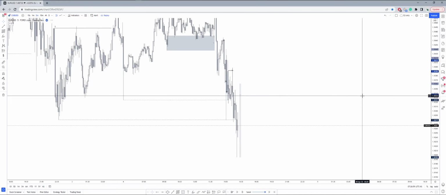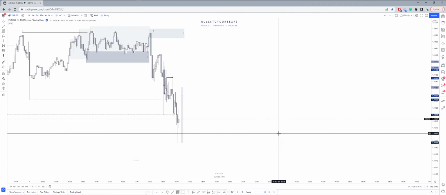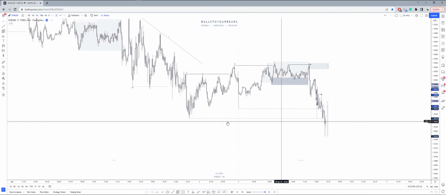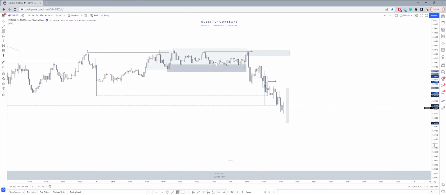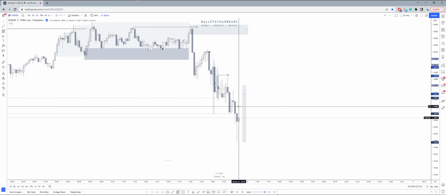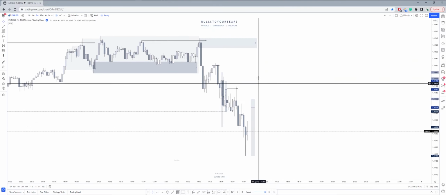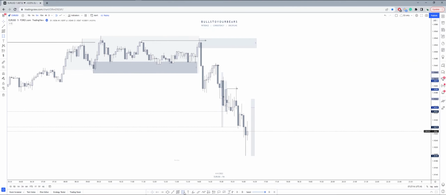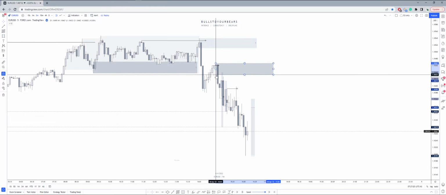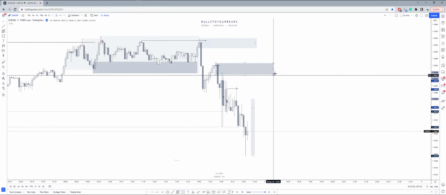Take a look at 5 minute. What is the 5 minute telling us? Came down, broke structure. It's a little messy over here. Pretty efficient. This is honestly a clean zone to trade from. Other than that, I'm looking at this one because all of these are gonna be swept as liquidity.